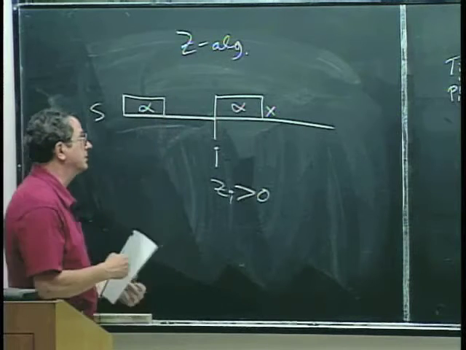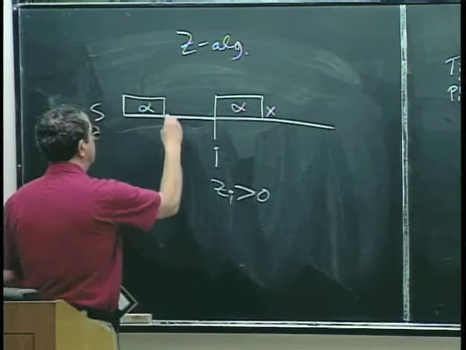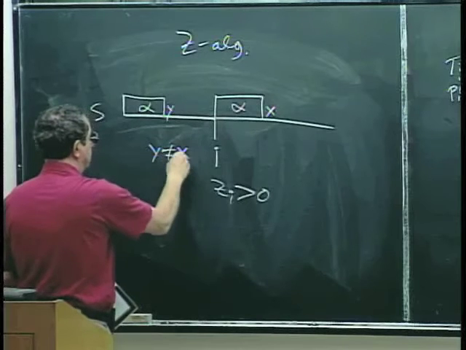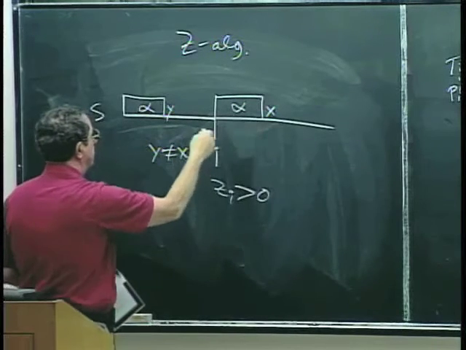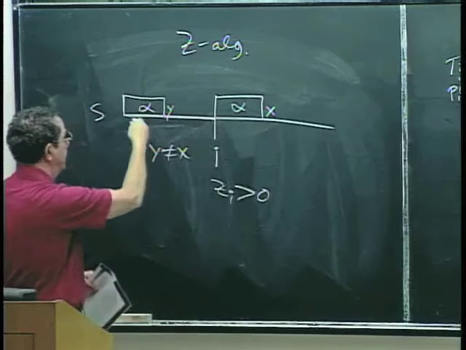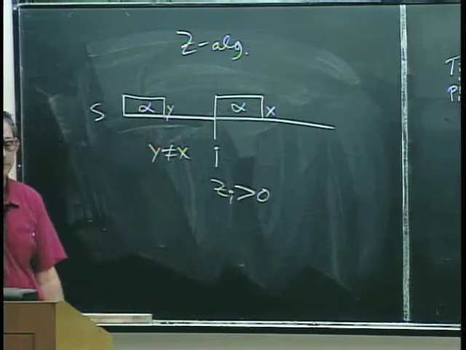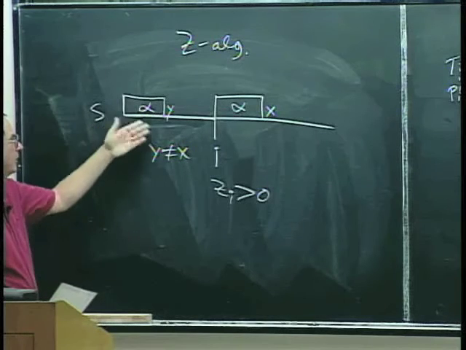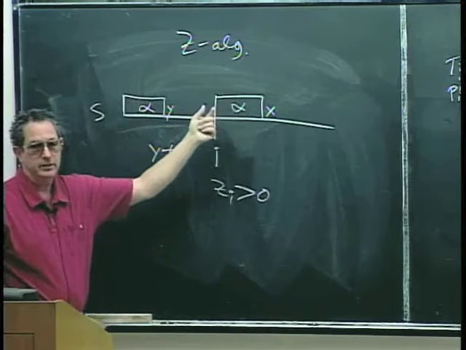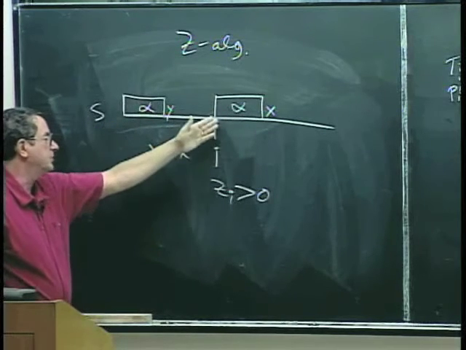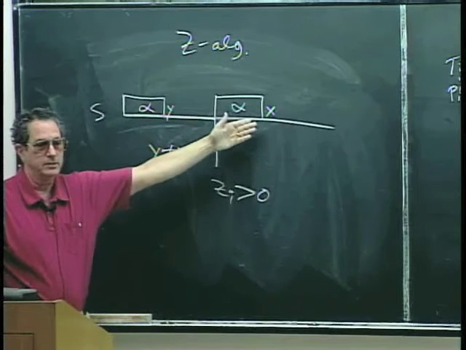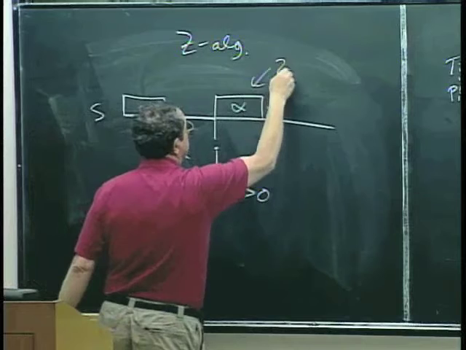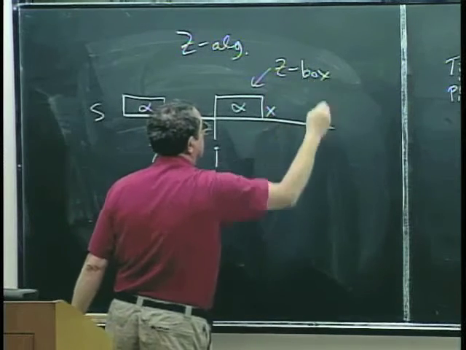It's not X. That's all I can say. I'll call it Y, where Y is not equal to X, because this was the longest substring starting at position i that matches a prefix. I'm going to have drawings with little boxes like that to represent the actual substring that matches, and I give that the name of a Z box.